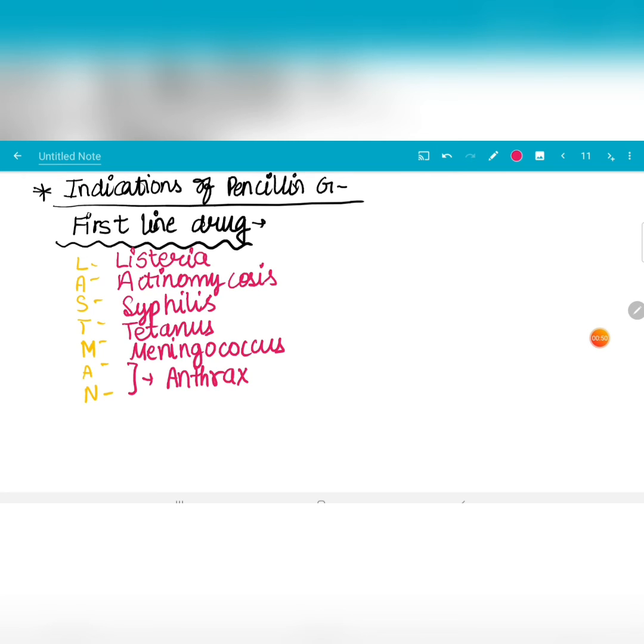These are the first line indications in which we can use penicillin. So what is the drug of choice for Listeria, if penicillins are the first line drugs? For Listeria, the drug of choice is ampicillin.